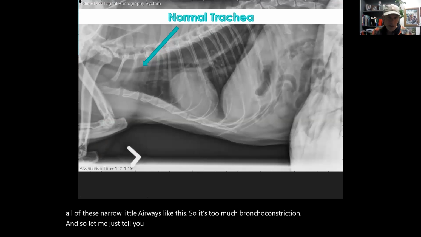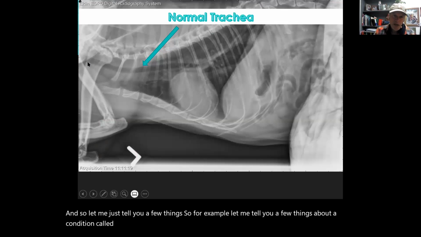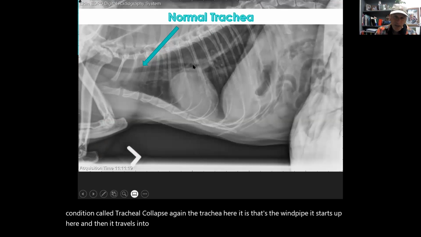So let me tell you a few things about a condition called tracheal collapse. Again, the trachea, here it is. That's the windpipe. It starts up here and then it travels into the chest, and it splits into a right and left bronchi. So this is a normal trachea.